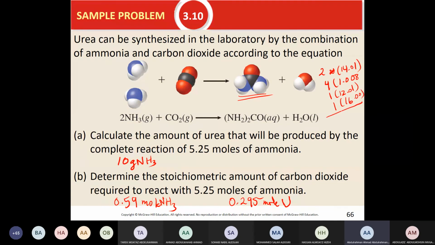Add these numbers together. 28 plus 4, 32 plus 12, 50. It will be 60.062.